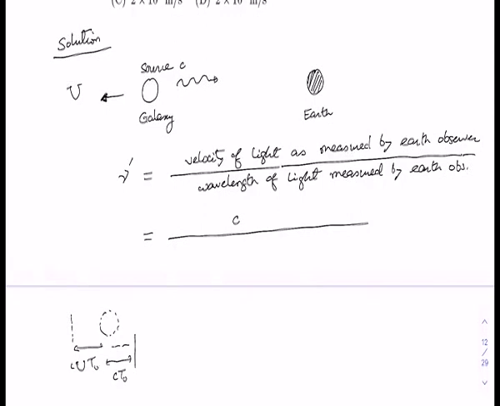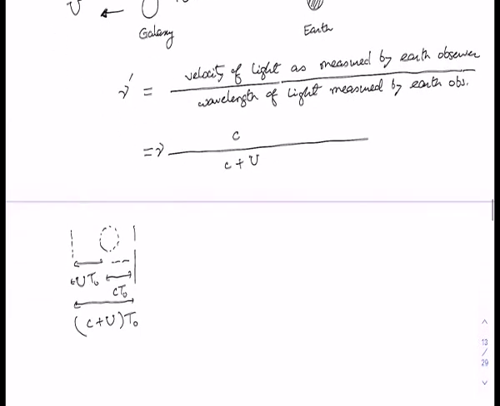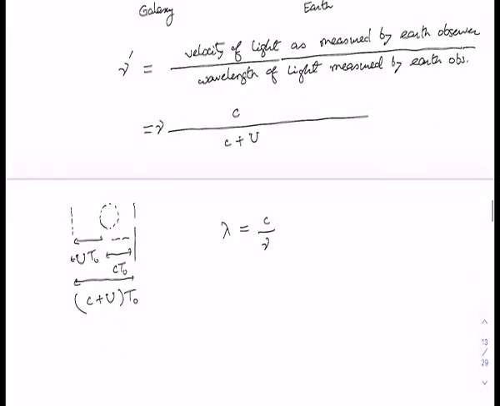So the distance between successive crests would be (c plus u) into t0, and 1 by t0 is the frequency, so the formula would be c plus u, and then this would be nu. Again, you know that wavelength is c divided by the frequency. So from here I can write this particular formula.